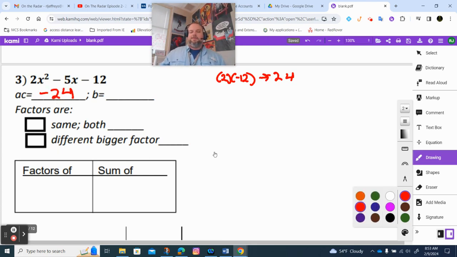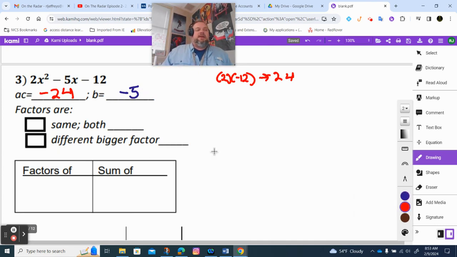And our B term is negative 5. Since this is negative, our signs are going to be same or different? Different. And because this is negative, the bigger factor is going to be negative.